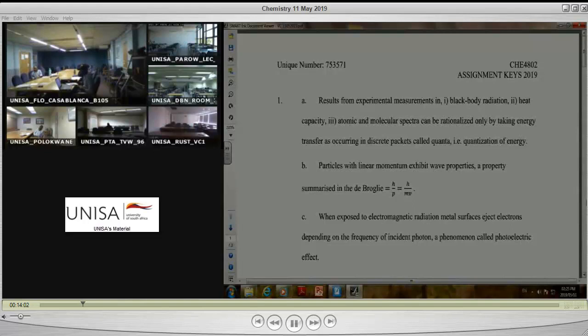Even on higher energy levels, they start from different positions. But those that go down to n equals 1, that group is called the Lyman.